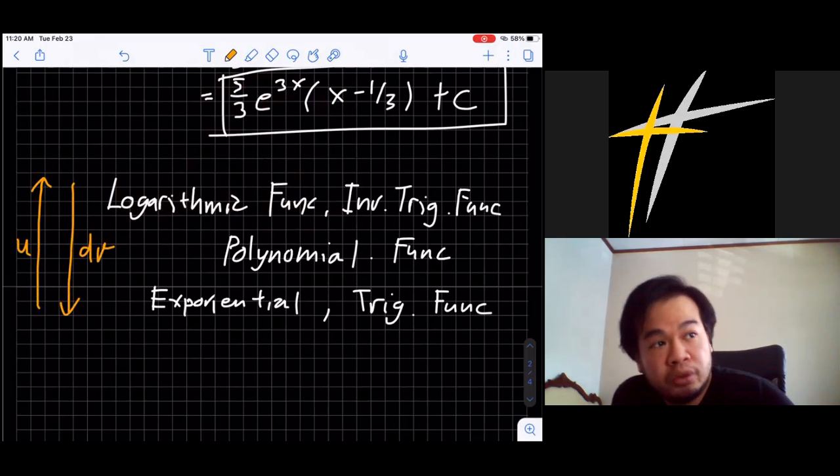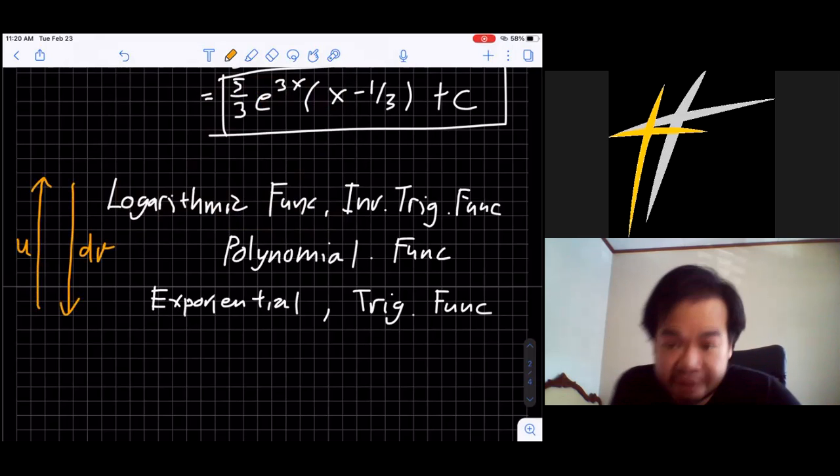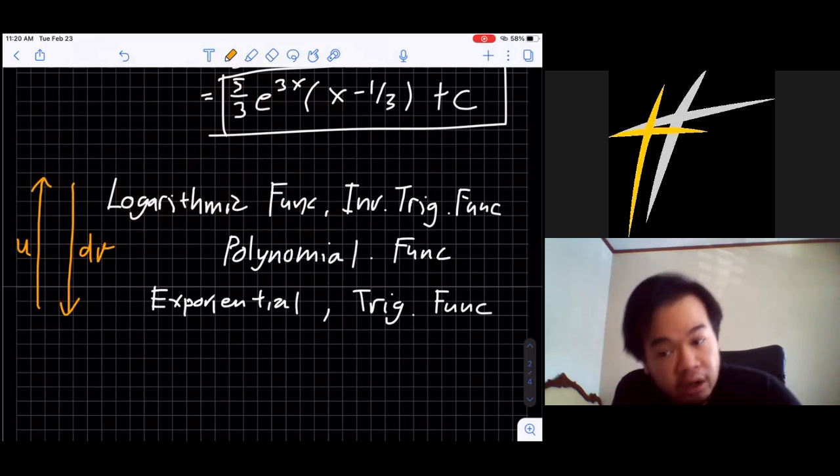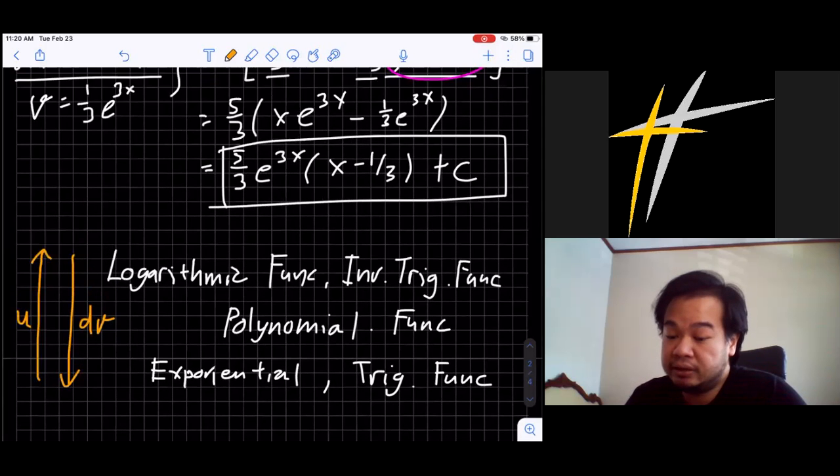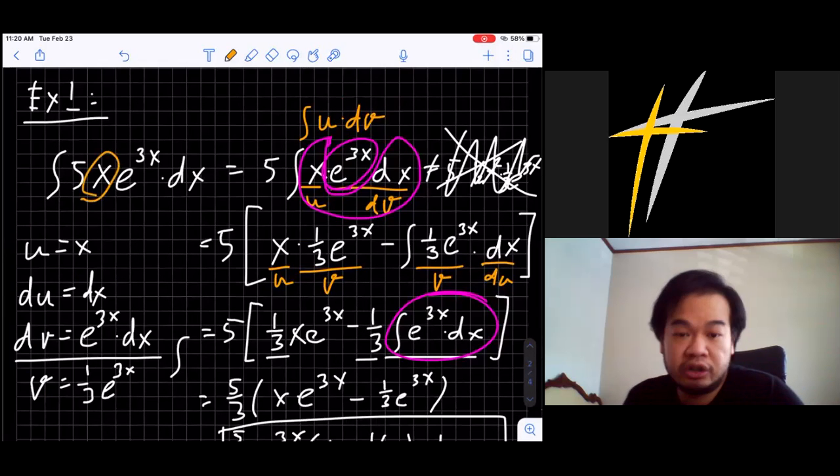So it's applicable to almost all cases in integration by parts. Not all, but almost, you can refer to this criteria. Now, if you see the first example, x is a polynomial function on the second level, and e power of 3x is an exponential.